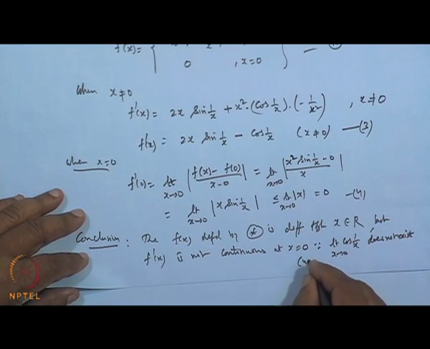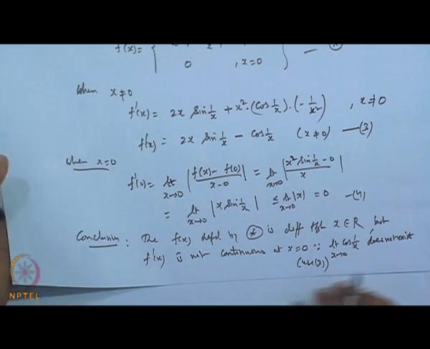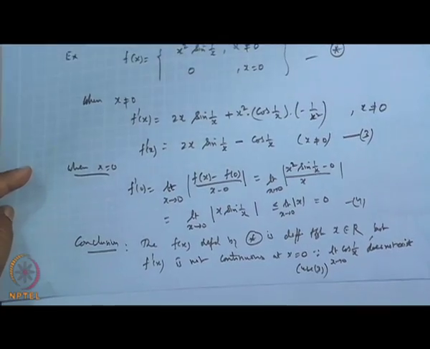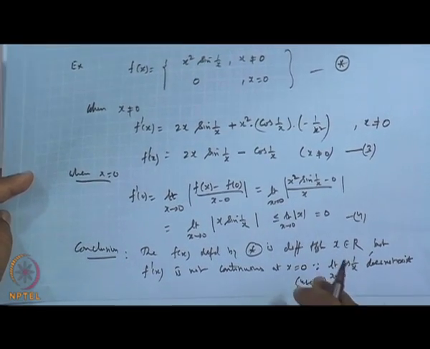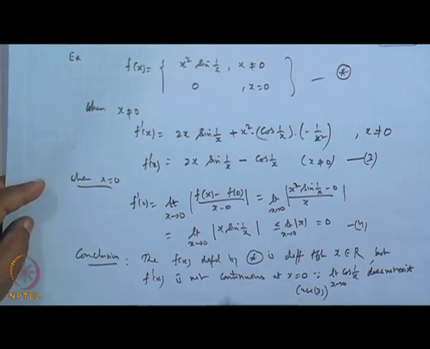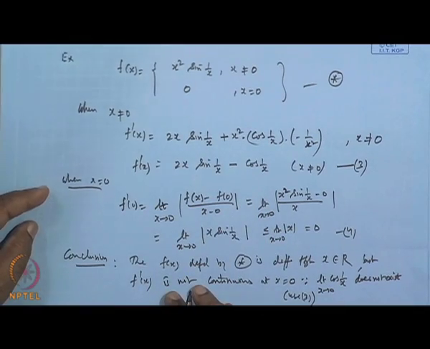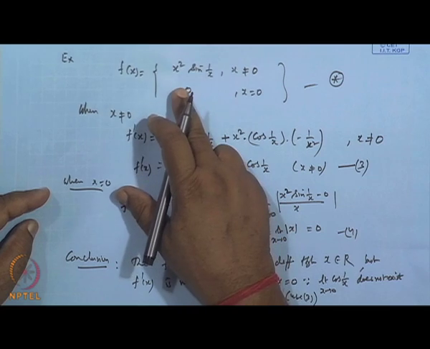So, when the function is differentiable, you cannot say that the derived function remains continuous. It may not be continuous. If it is continuous, then there is a possibility of going further, is it not? But if it is not continuous, we cannot talk about the derivative. So, in this case, we cannot talk about the second derivative of the function at the point 0.